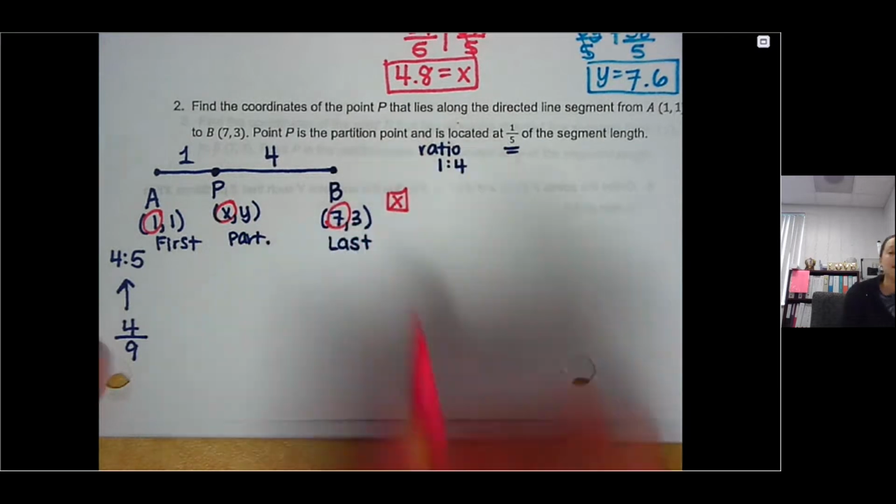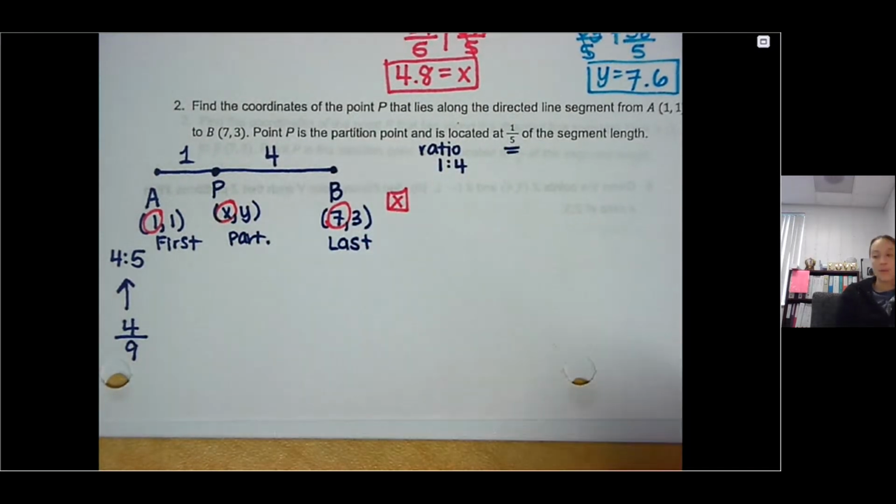Who can set up my equation for me? Who wants to give it a try? Partition point minus the first over last minus partition. Partition minus the first. Oh, X minus 1. There you go.